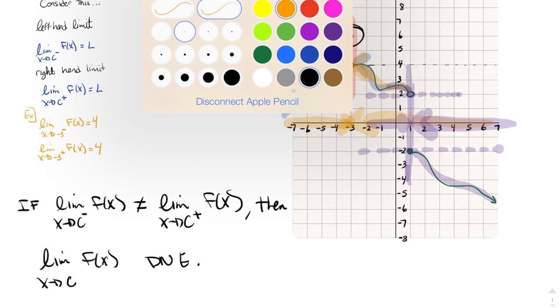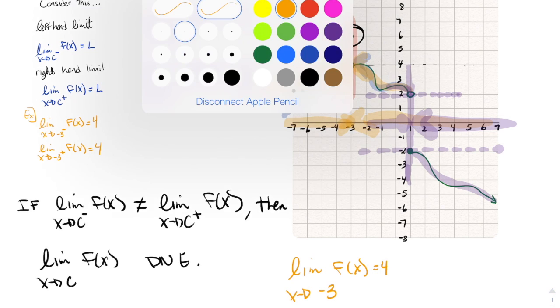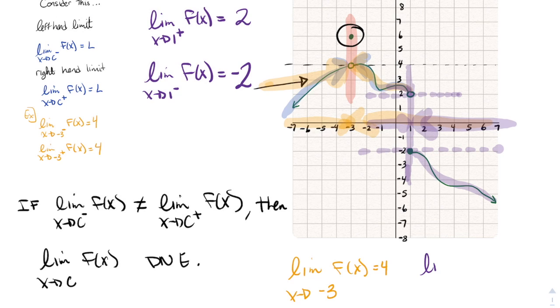So for the orange example, we have that the overall limit, the limit as x goes to negative 3 of f of x is equal to 4. Now for the purple example, we have that the limit as x goes to 1 of f of x does not exist, DNE. So remember, if the left-hand limit does not equal the right-hand limit, then the overall limit does not exist.